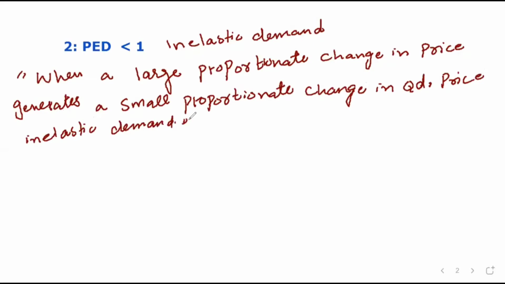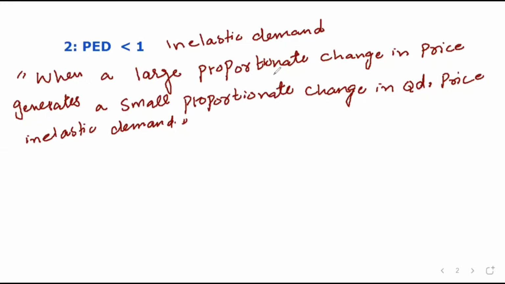So you see, there is a little difference in the definition. In PED greater than 1, we write a small proportionate change in price, and here in inelastic demand, we write a large proportionate change in price and a small change in demand. So this is the difference between elastic and inelastic demand.